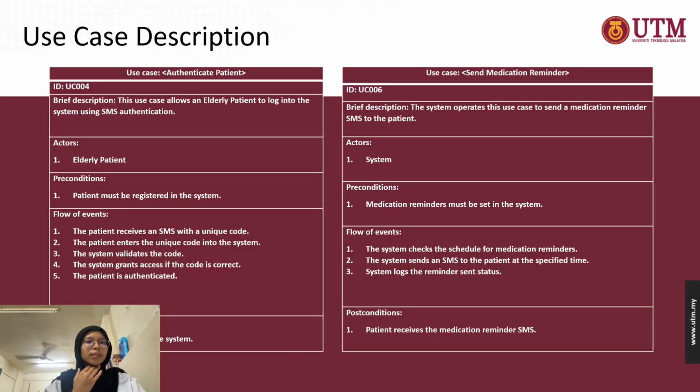Okay, next, the use case description. In this PowerPoint, I put 4 use cases. First is authenticate patient. Second is send medication reminder, then send blood sugar level reminder, and also send lifestyle recommendation reminder.